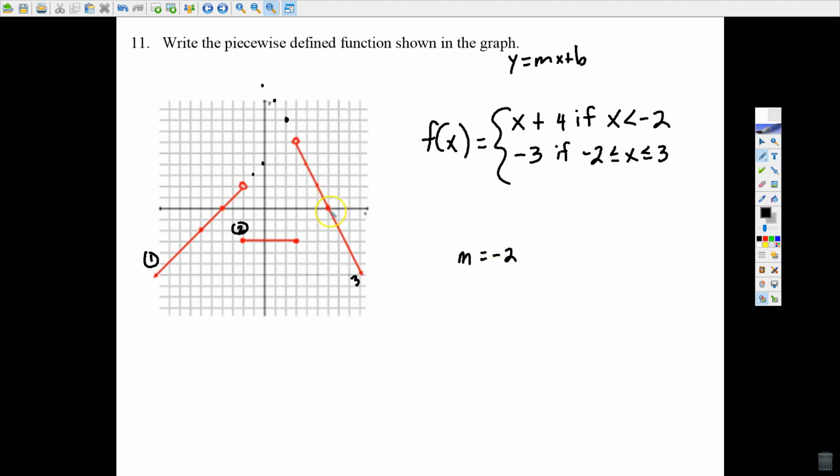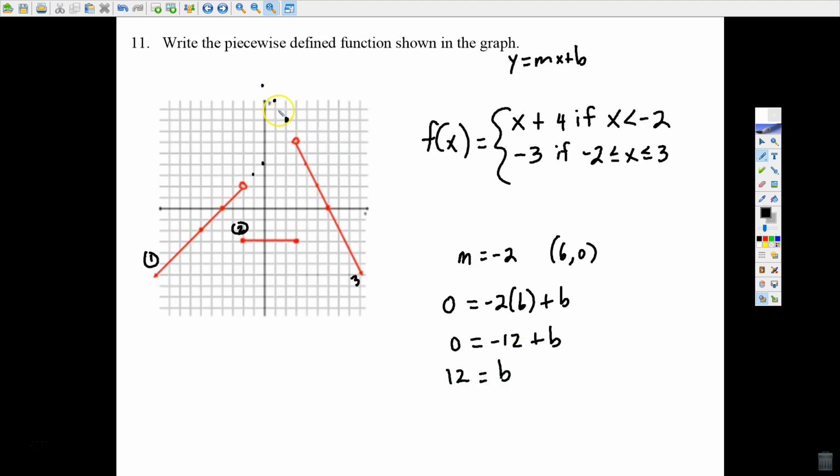I can just take a point, and this one's pretty easy. 6, 0, 1, 2, 3, 4, 5, 6, 0 is on the graph. And so remember, I can solve for b by using this as x and this as y. M was -2. So y equals mx plus b. So it looks like b is going to be +12.